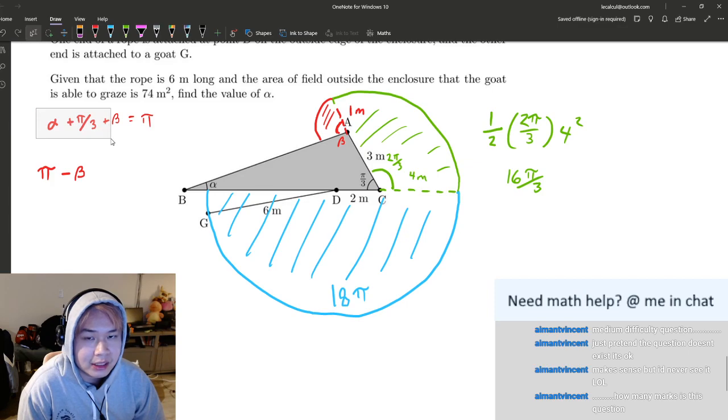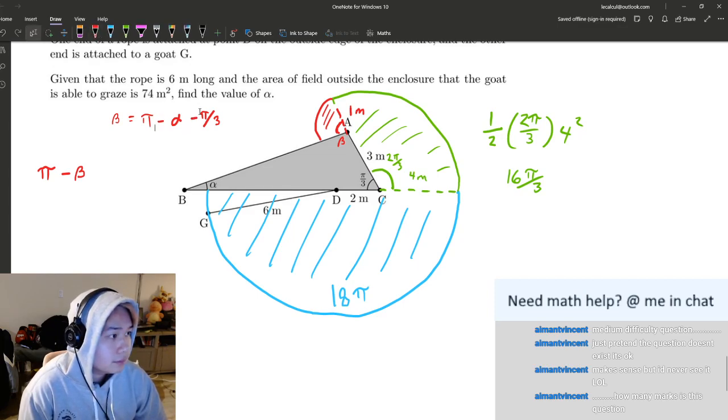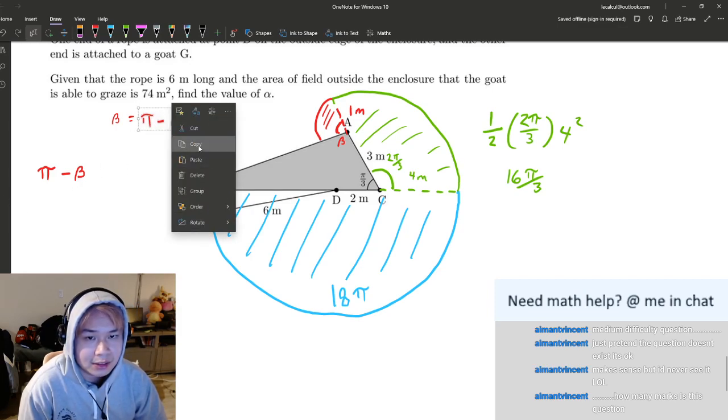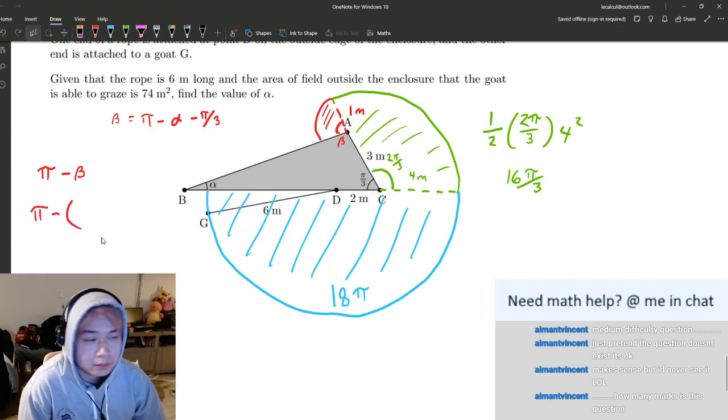Of course, we can write beta in terms of alpha. So this is beta. And then we can make a quick substitution. And then again, this is the sector angle.